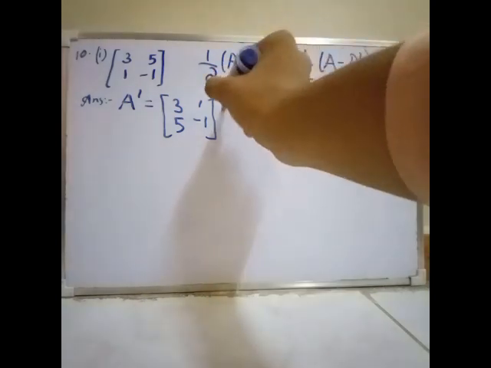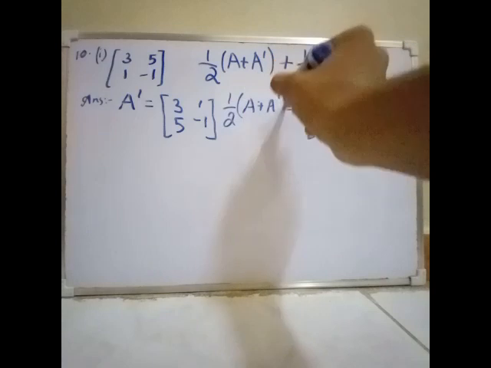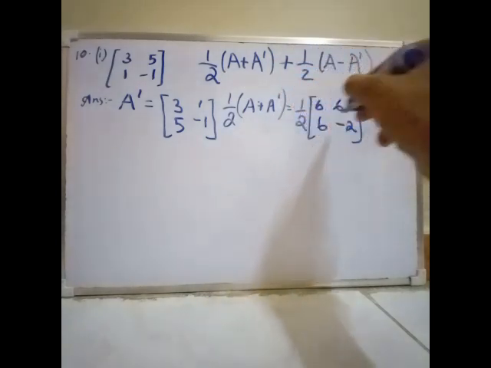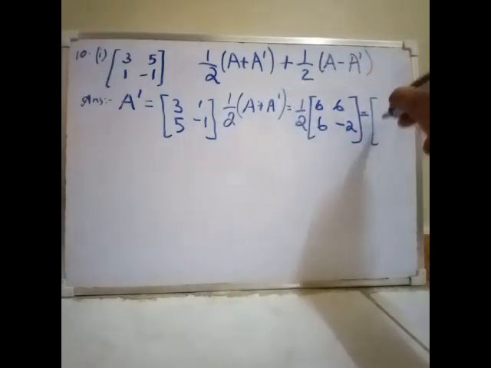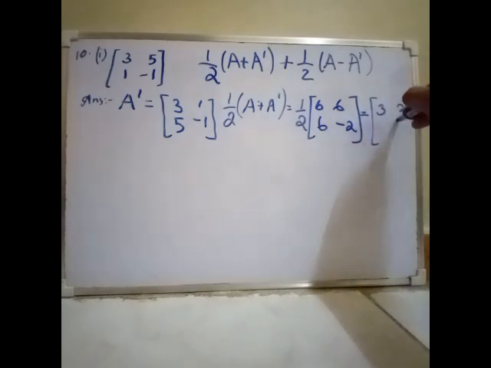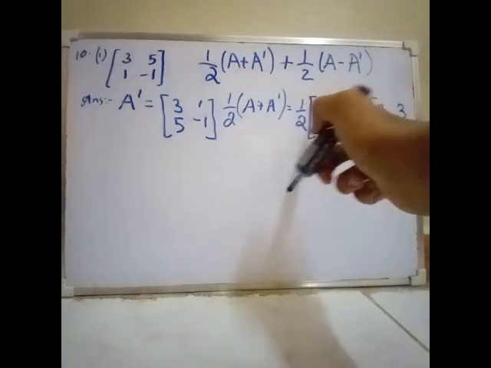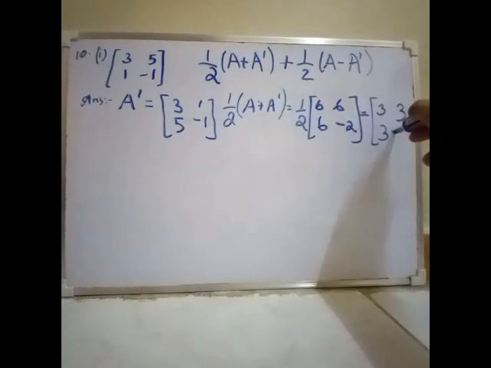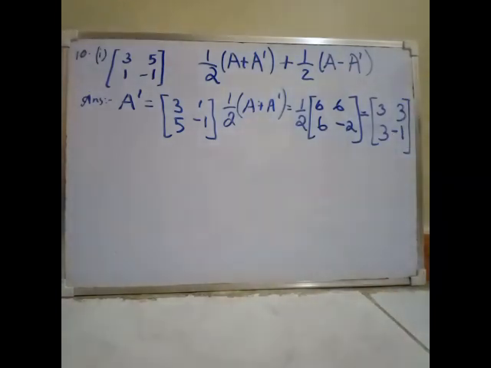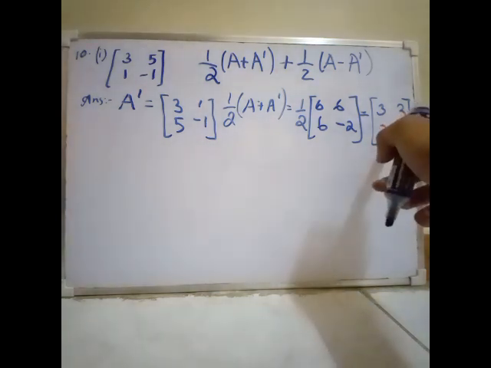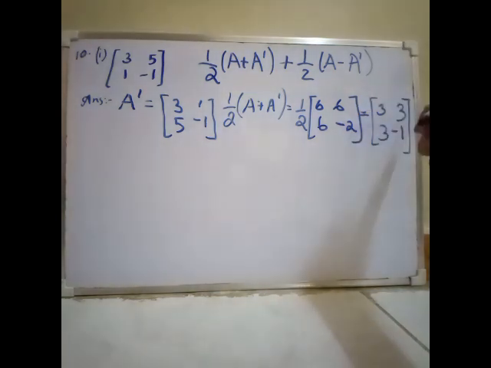Now we have to take half of this. Half of this would be 3, 3, 3 and minus 2 by 2 would be minus 1, right? So we have to check if this matrix is symmetric or not.